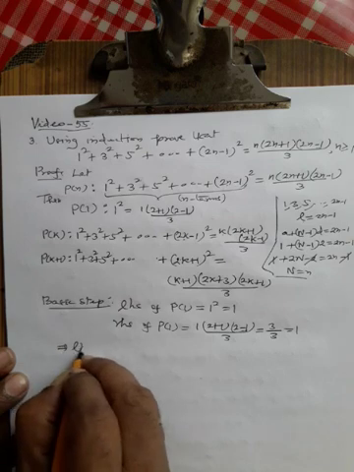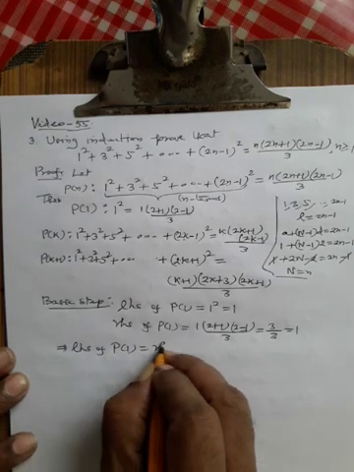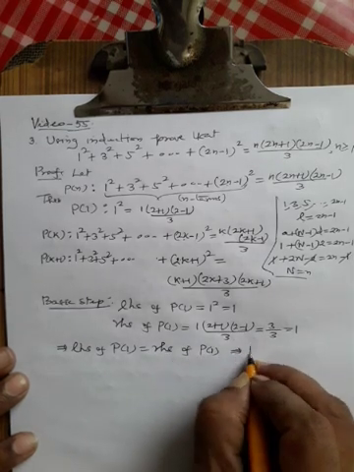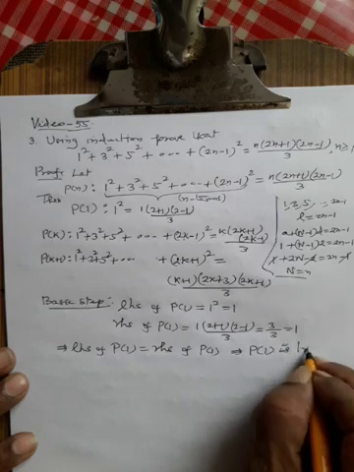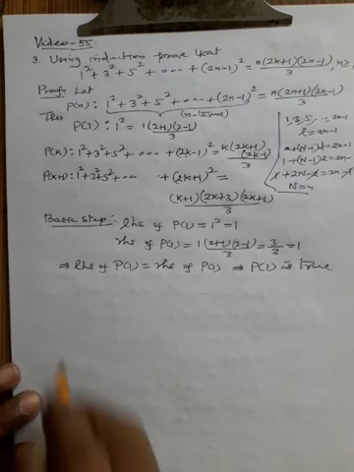So LHS of P of 1 equals RHS of P of 1, which implies P of 1 is true. This is the basic step. Next we have to go to the induction step.